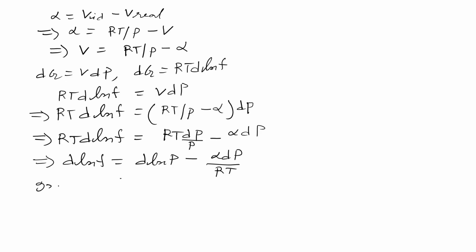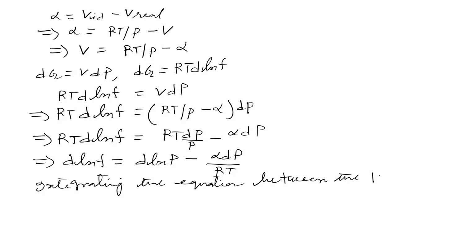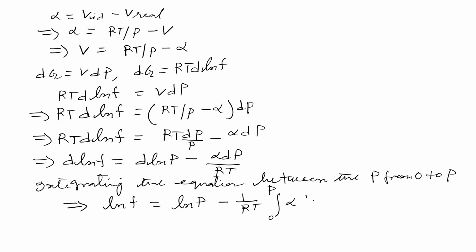Integrating the equation between the pressure P from 0 to P, we get ln F is equal to ln P, only the upper limit, and then minus 1 by RT, integration 0 to P alpha dP.